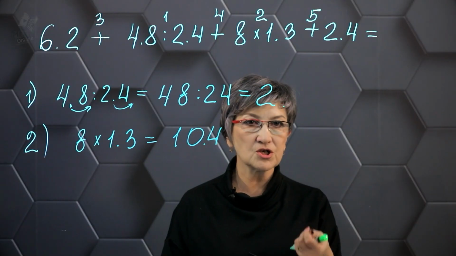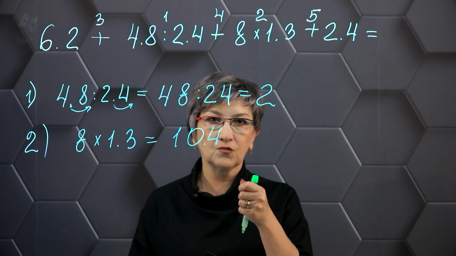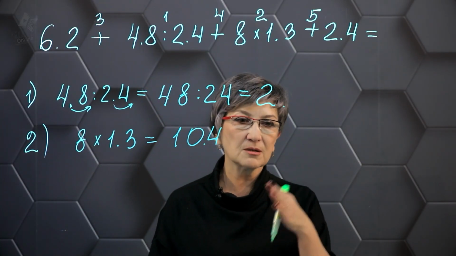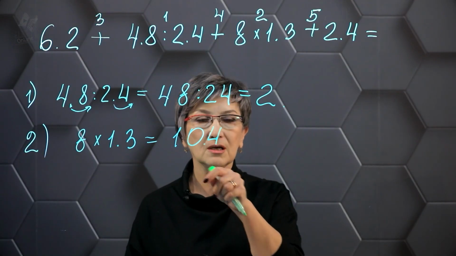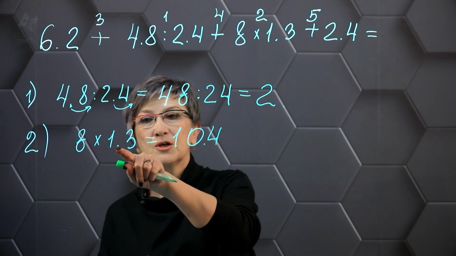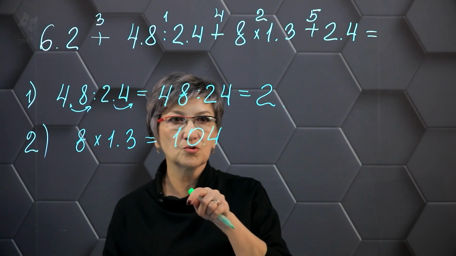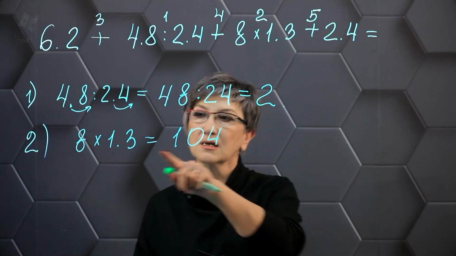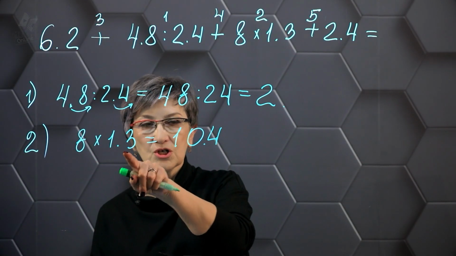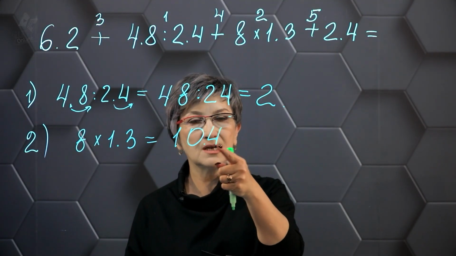I multiplied 8 by 13, got 80 and 24, and adding them I got 104. But this time I was multiplying by a decimal, so I need to mark the decimal point, which separates the whole part. Our product has only one multiplier with one sign after the decimal point, so I only highlight one sign in the answer.